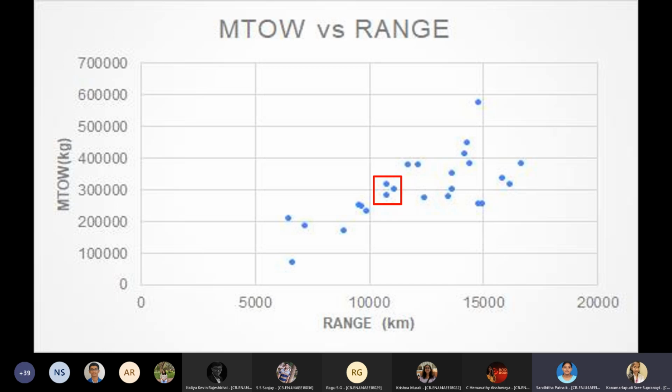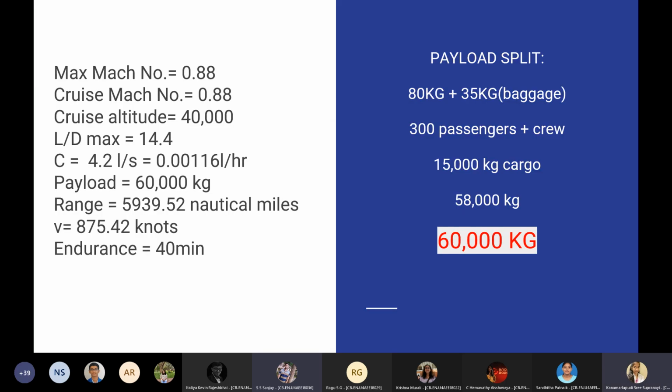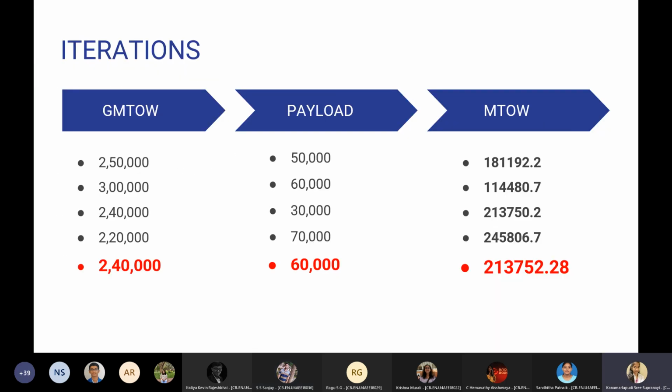Okay, if that is it, then yes, sir. Can I ask a question? Yes, please. I'm a bit unclear about this iteration. So this GMTOW, is it the gross takeoff weight? Is it the assumed takeoff weight for each iteration? Yes, it's the assumed takeoff weight initially. So this 2 lakh, you're saying it converges to this 2,40,000 weight, right?